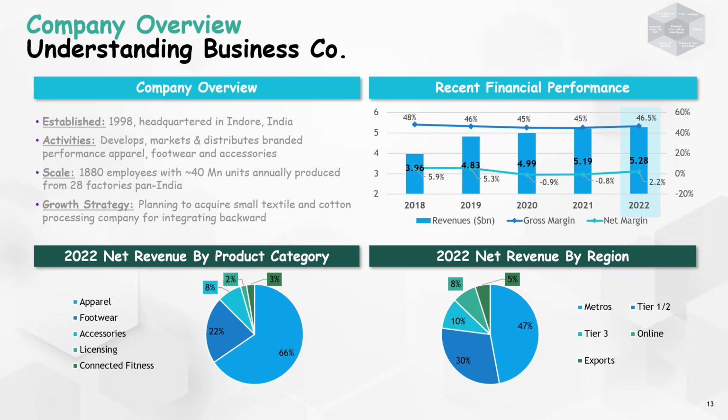I first thought of mentioning some company information like when it was established, what kind of business it does, how many employees it has, what kind of strategy it has. Then I wanted to present some financial information. I also wanted to showcase its share of the revenue by its different products and also by the region. This pretty much tells about the company strength, financial strength, its business in this one slide.